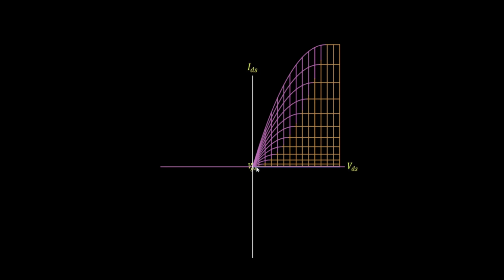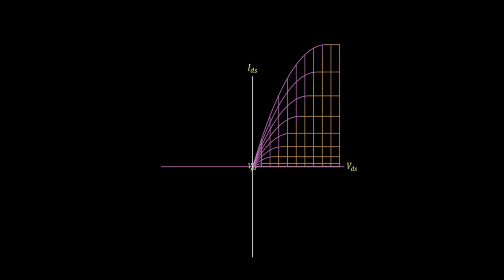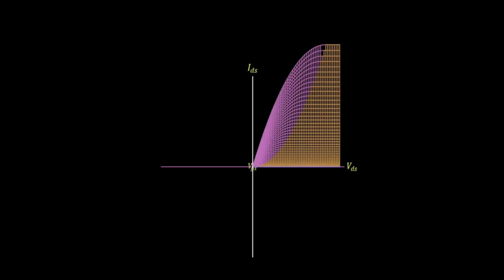And we're going to see the output characteristics, IDS against VDS, for different values of VGS. You can see here we're going to have the linear region in pink, and the saturation region in yellow. And we can adjust the resolution of this in order to get finer and finer detail.